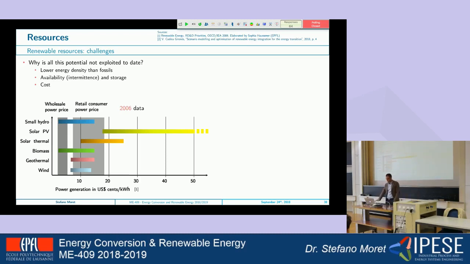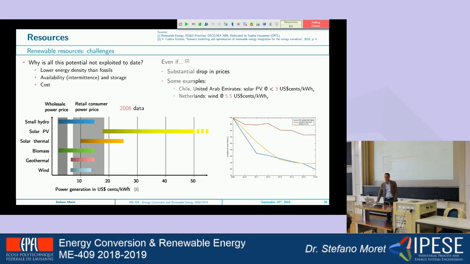But there is a but, in the sense that the prices of renewables are substantially falling. As you see, in the last 7 years, the prices of solar panels have dropped by 5 times. This is only in 7 years. So solar panels cost today what in most forecasts they were expected to cost in 2035. So this is just to give you an idea of how wrong these forecasts can be and how ambitious and also intelligent we have to be in not only looking at these numbers and projections, but looking at energy efficiency first.